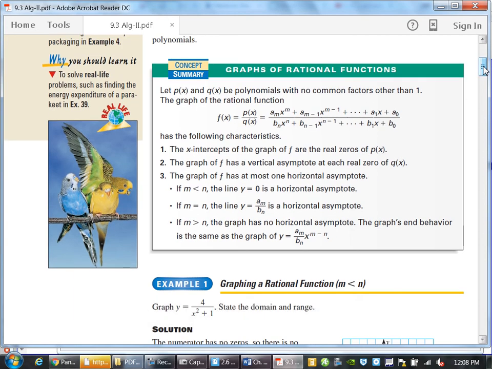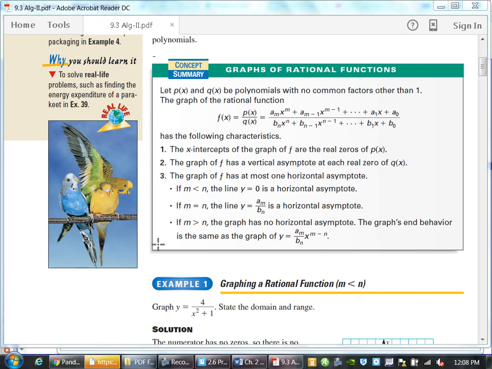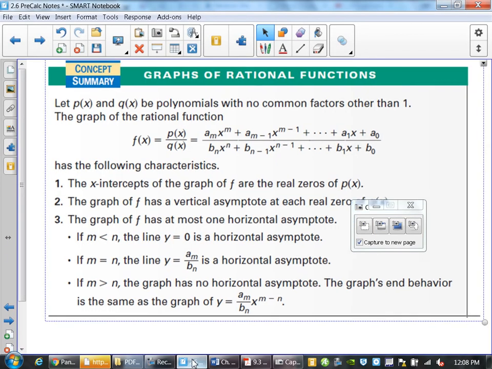Remember this stuff from last year? It's basically the exact same thing as what we did last year with the rational functions, with this whole chart, but it's just written a little bit differently in the pre-calc book. So that's what's going to be different.